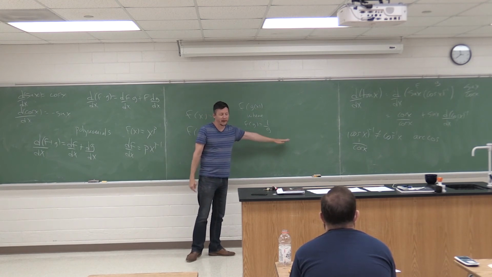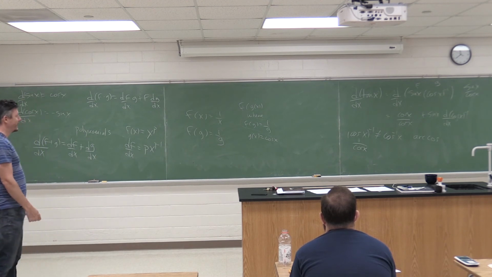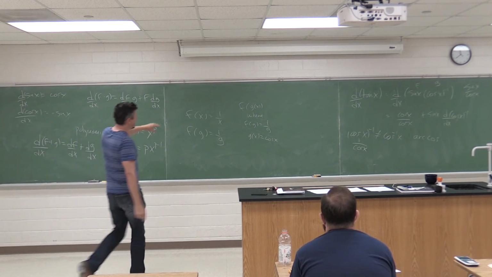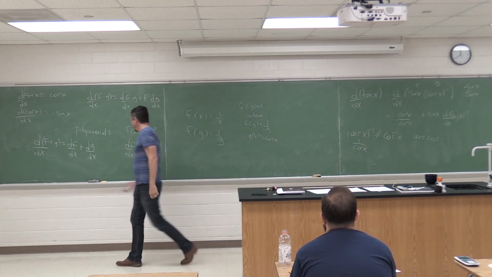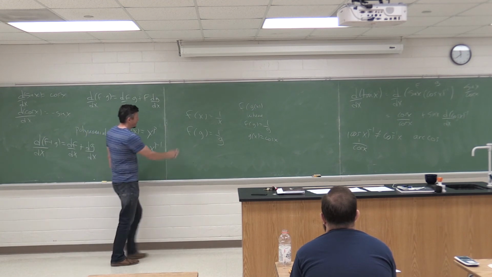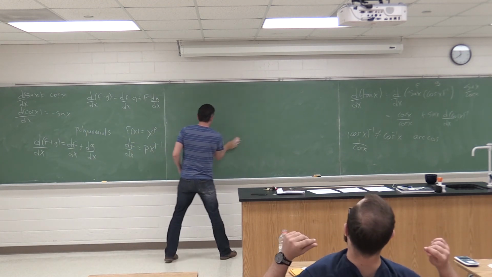I can feed it something horribly complicated. So we need to know, if I can take the derivative of f of g, then I can do it for the case here, and we're done. We have our problem solved. So let's then think about what f of g of x is doing.